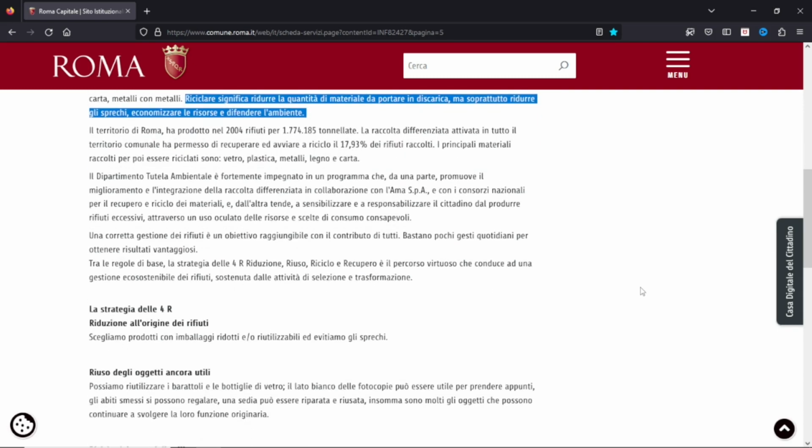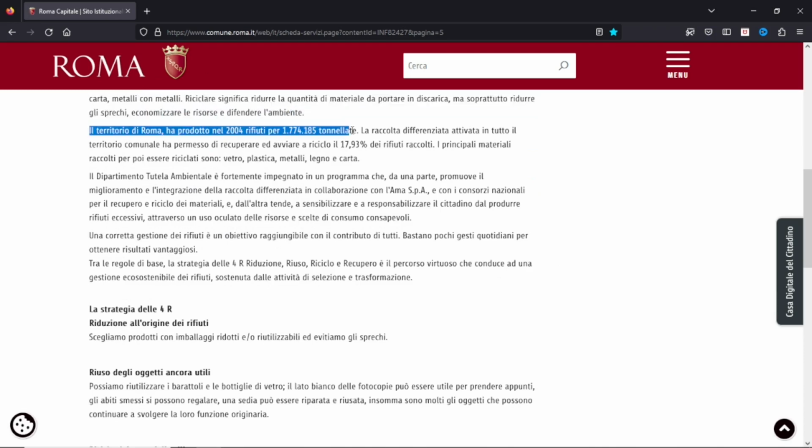The territory of Rome, so the Rome area, produced in 2004 1,774,185 tonnes of refuse.